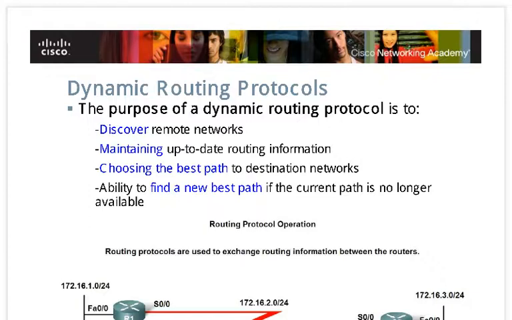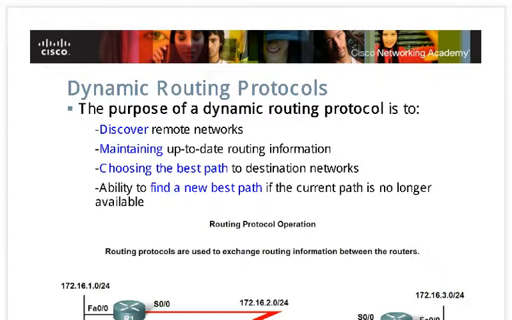Before that state, there may be a transient state that routers are still exchanging information between each other, but some routers may not know all the remote networks in the system. Clear? So some routers may not know all the remote networks in the system. Okay?